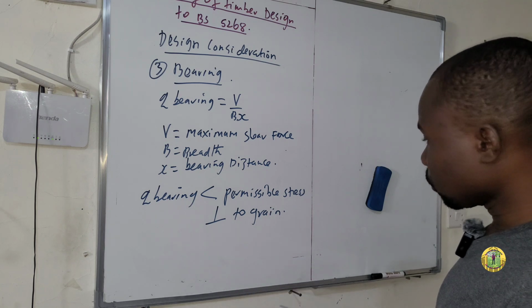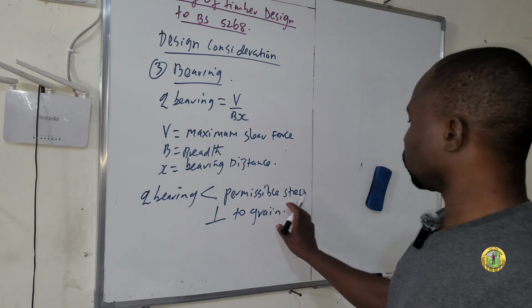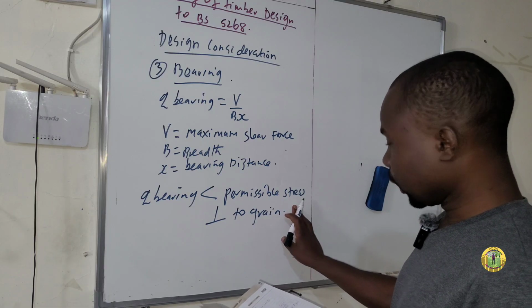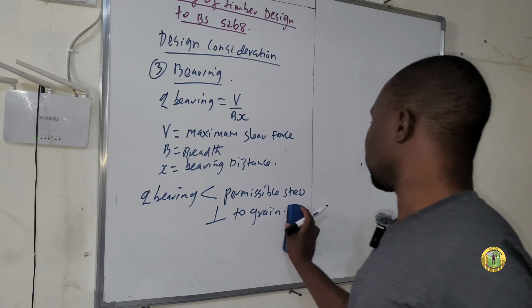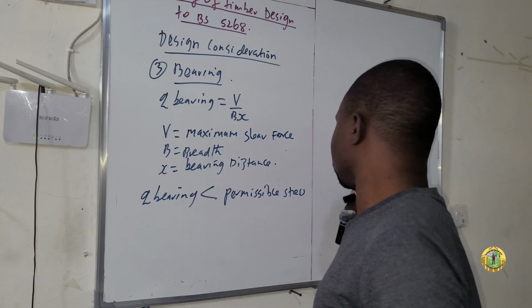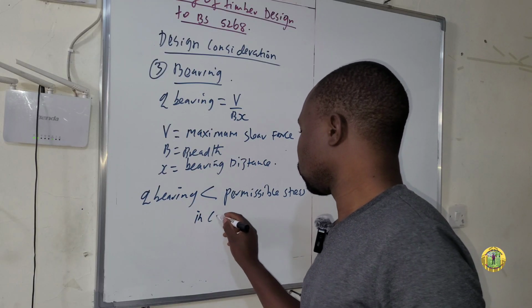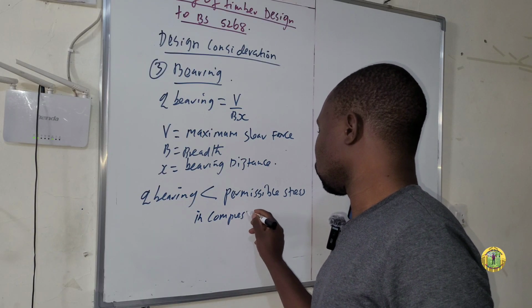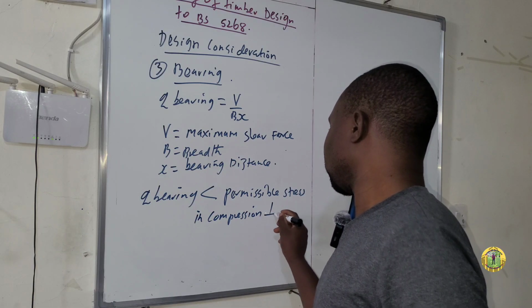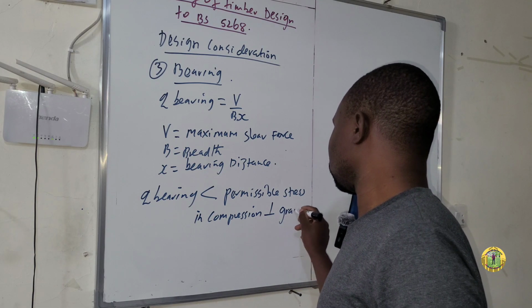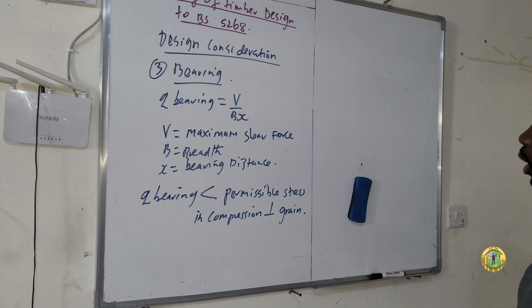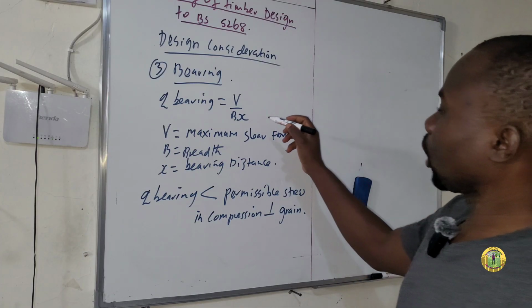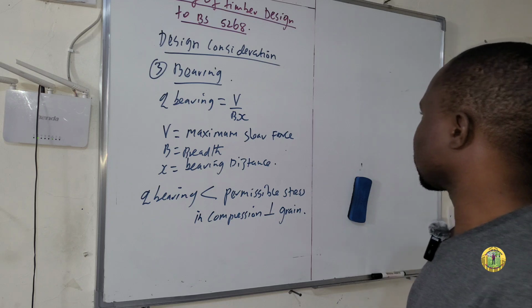So this should be the permissible stress in compression perpendicular to grain, like that.